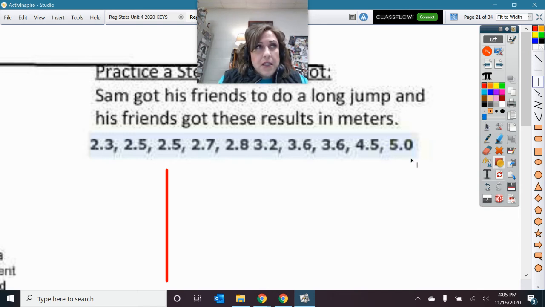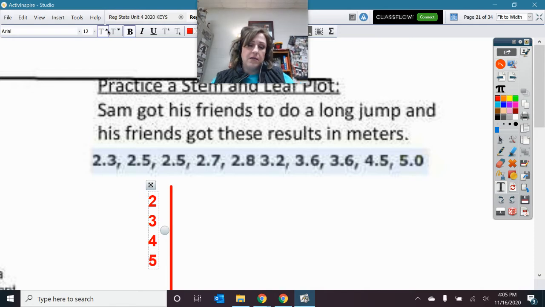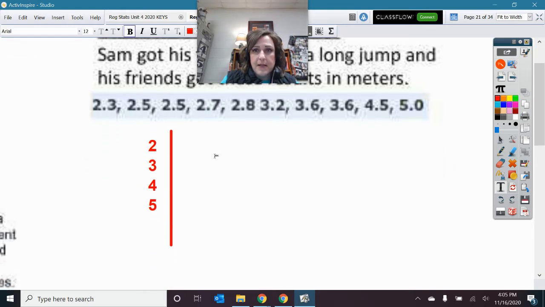Okay. So I'm going to just go ahead and do a stem for the 2s, the 3s, the 4s, and the 5s. Even though that's not quite 5 bins, 4 is good enough, I guess. So I'm going to do stems with those bins. And again, these are the long jump values in meters.